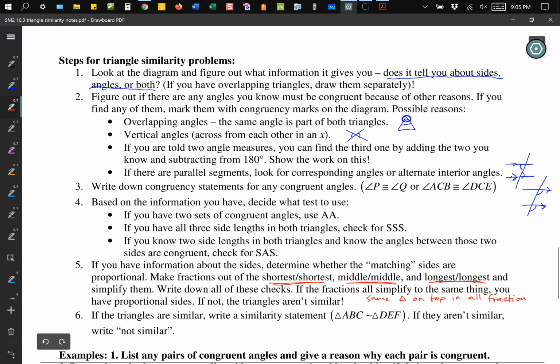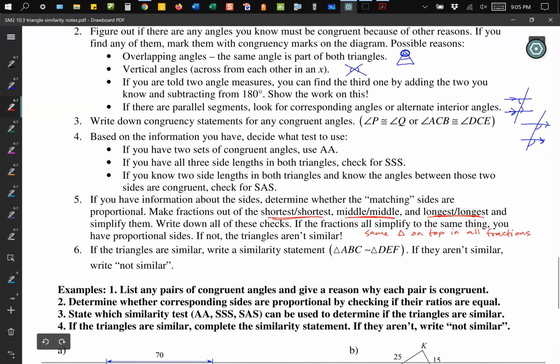So if all of your fractions simplify to the same thing, then you have proportional sides. If they don't, they're not similar. So once you figure out whether the triangles are similar, you can write your similarity statement. If not, you write not similar.